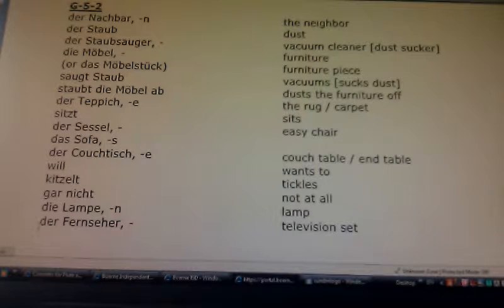And then once again, der Fernseher. We've had Fernsehen, which means far seeing, or television watching, because tele is far and vision is seeing. So the device itself, the big TV set, is called der Fernseher, just like in English, the television set, or the TV, right? So, that's that.